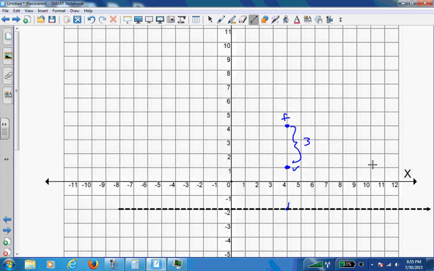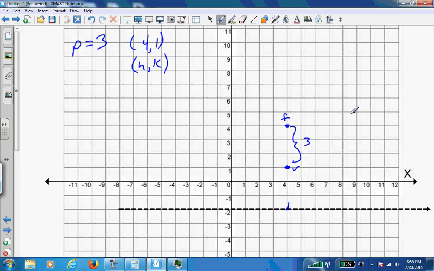Let's see. So we know that p is 3. We know that our vertex is at 4, 1. So that's h and k.